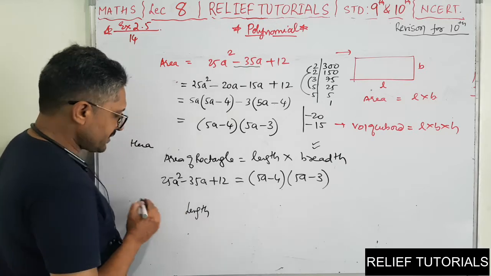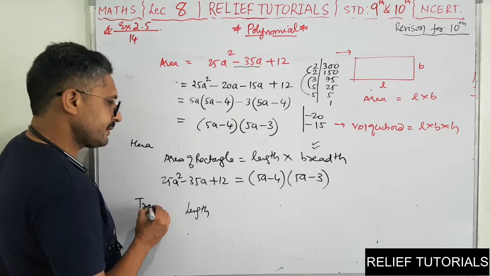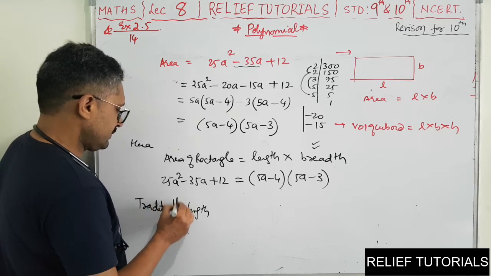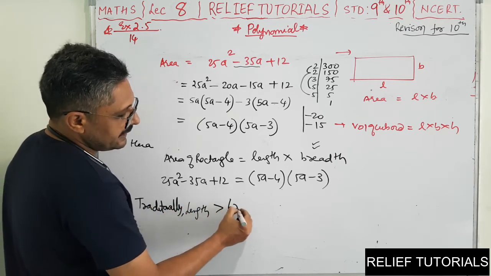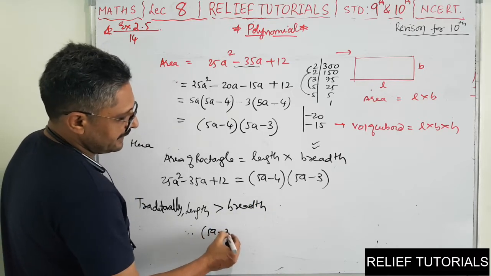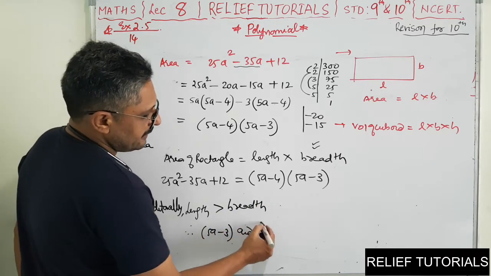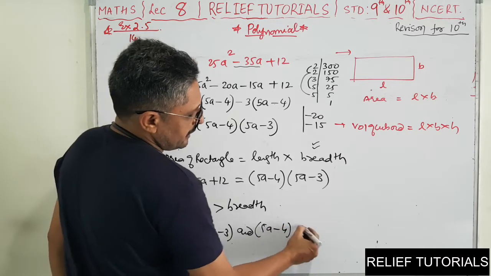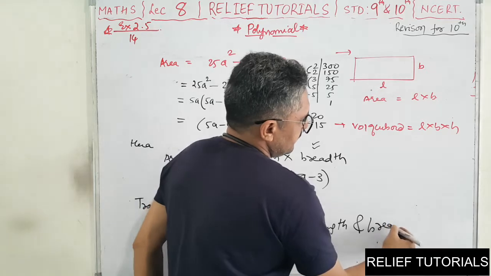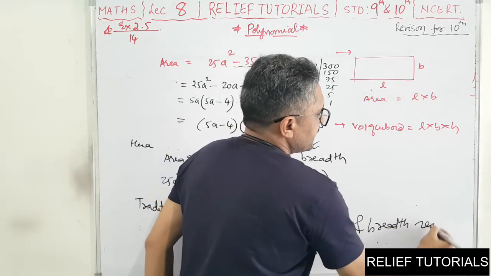So we can say traditionally length is bigger than breadth. So therefore 5a minus 3 and 5a minus 4 are length and breadth respectively.